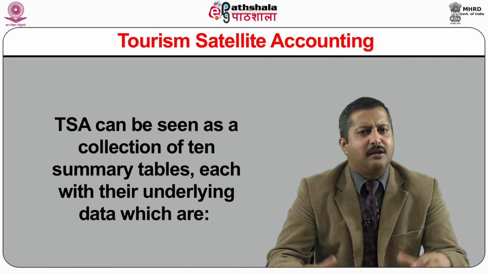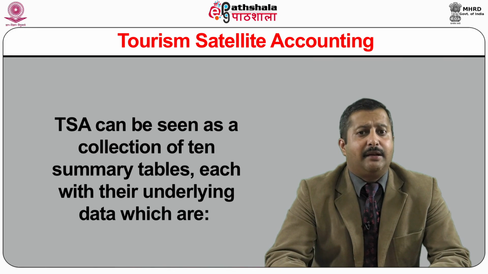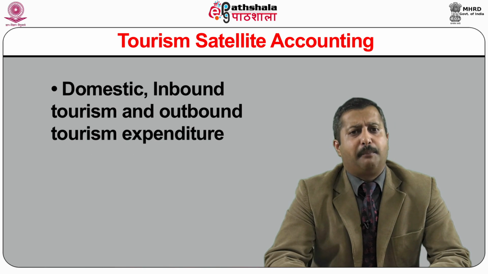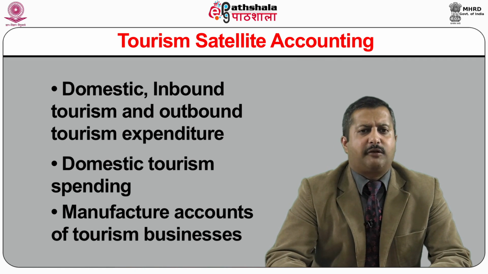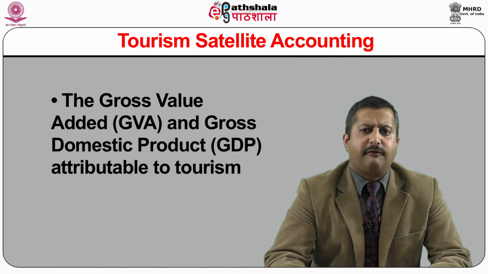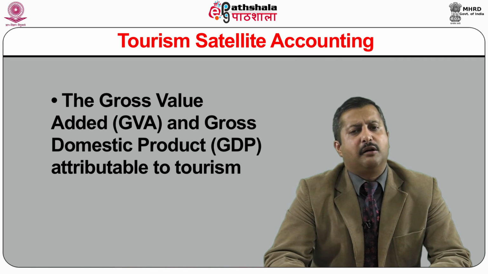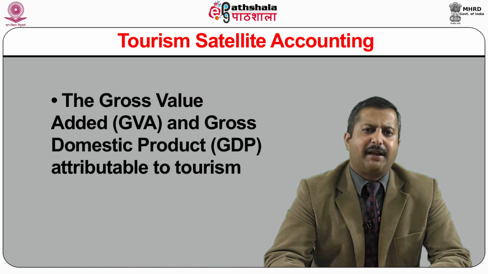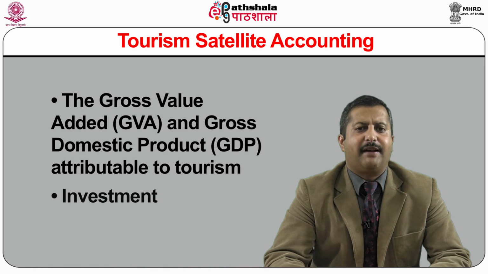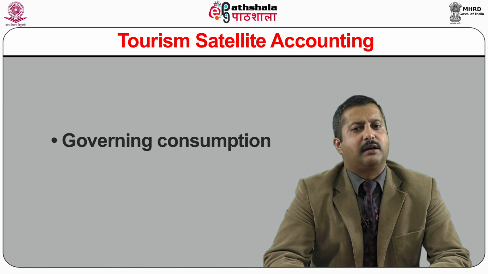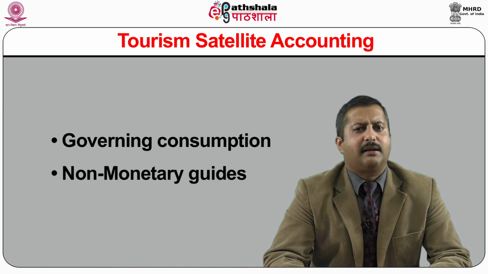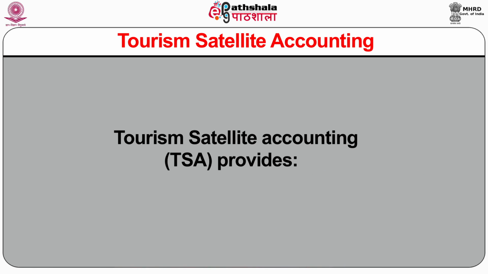TSA can be seen as a collection of 10 summary tables, each with their underlying data, which are inbound tourism, domestic tourism and outbound tourism expenditure, production accounts of tourism industries, the gross value added, that is GVA, and the gross domestic product, GDP, attributable to tourism, investment in tourism, employment in tourism, government consumption, and non-monetary indicators.